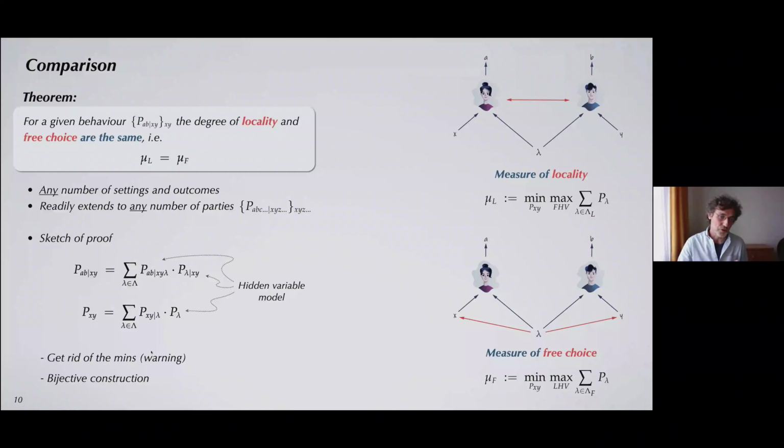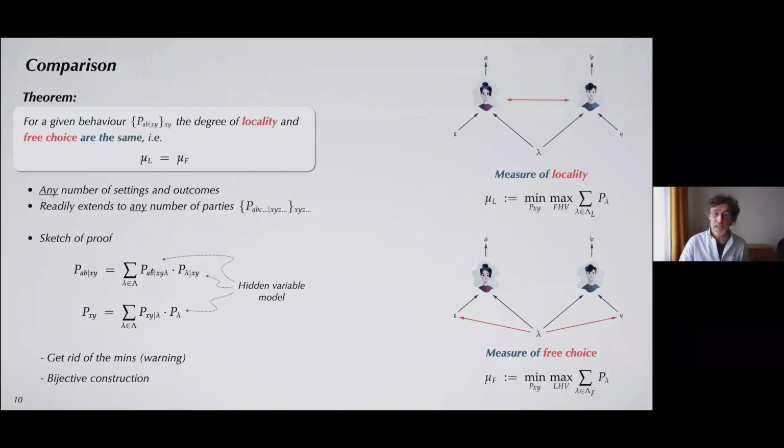So here's a sketch of proof. In order to prove it, first I need to get rid of those minimas, which are here. And I'll tell you why it's not so easy. Suppose that I have this behavior and this distribution of settings modeled through some hidden variable model.